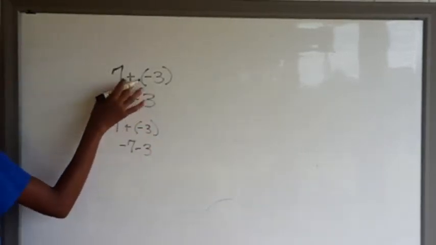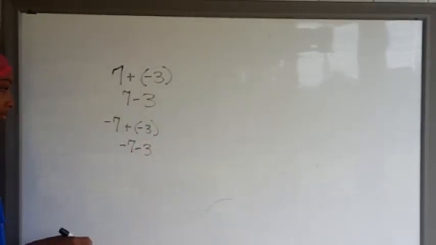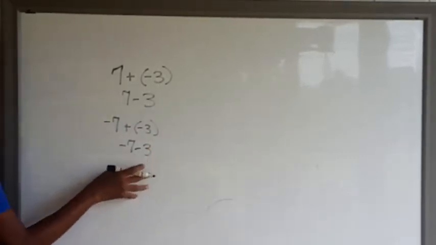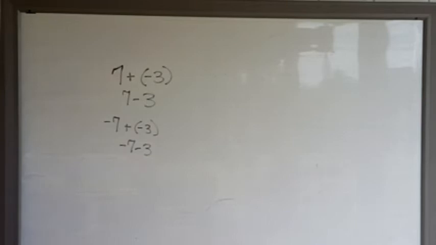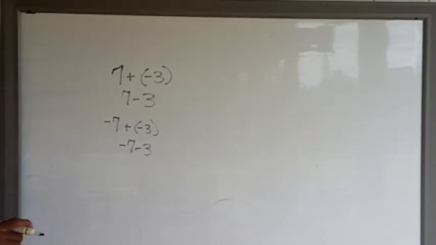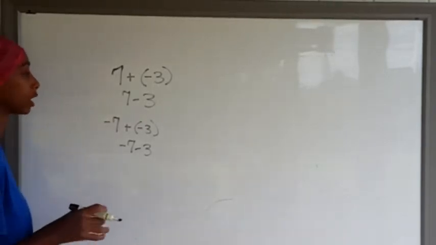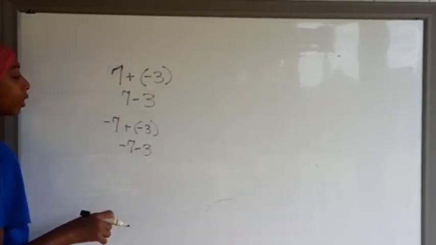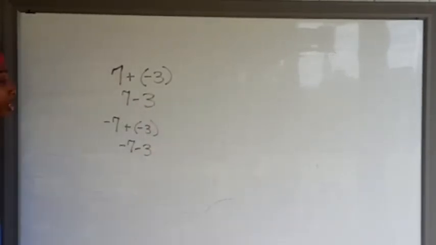So anytime you're adding a negative number, despite what's in front, you can rewrite that as a subtraction problem. The reason for that, like was mentioned before, is if you think about it in money terms, if you're adding debt to your account, then you're taking money away from yourself.